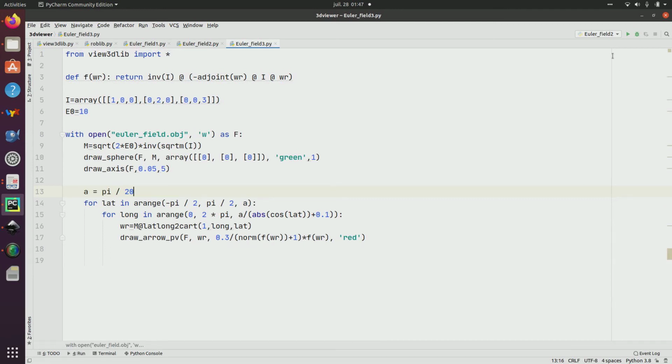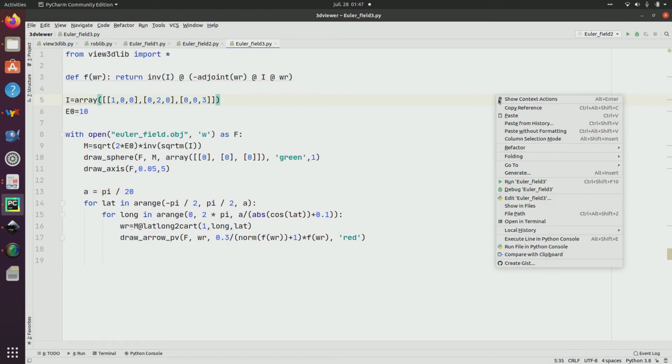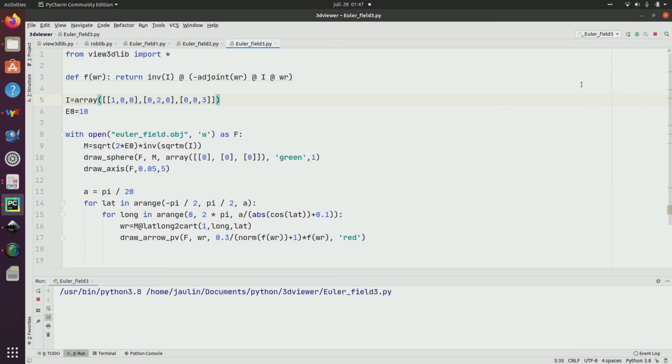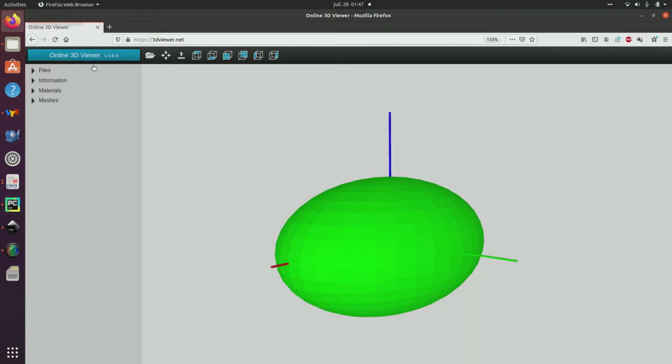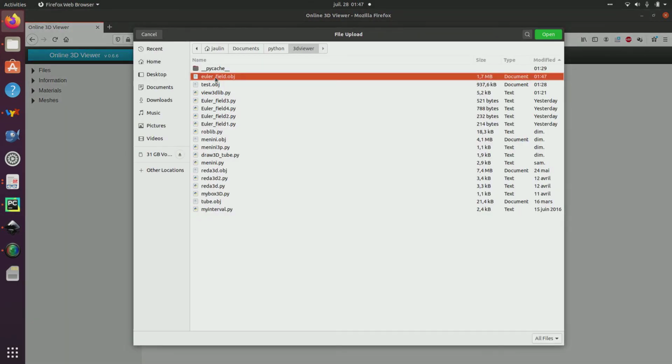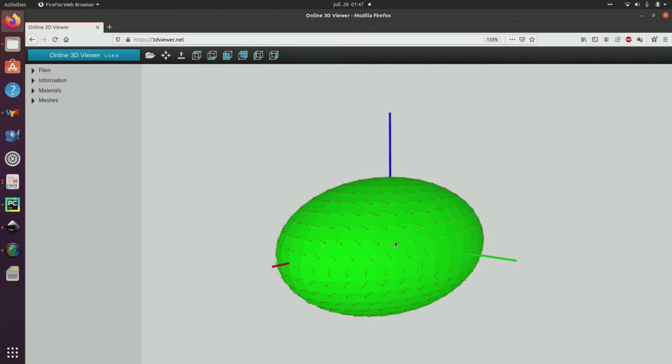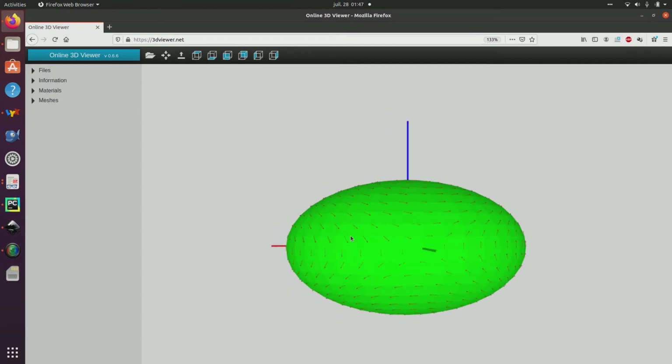I will run it. Okay, now I will draw it. It takes time, and I have here the vector field.